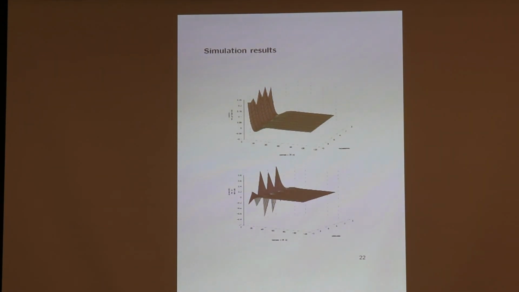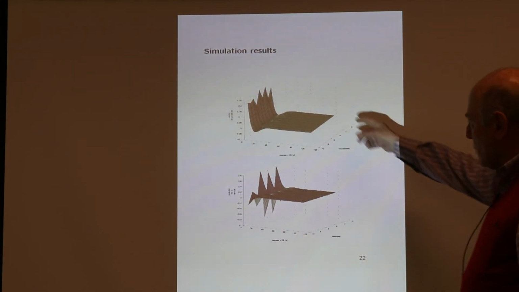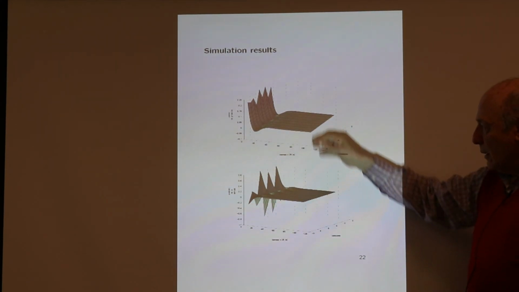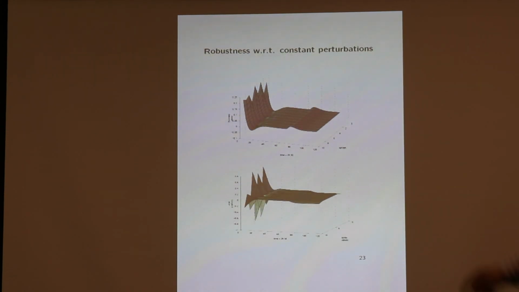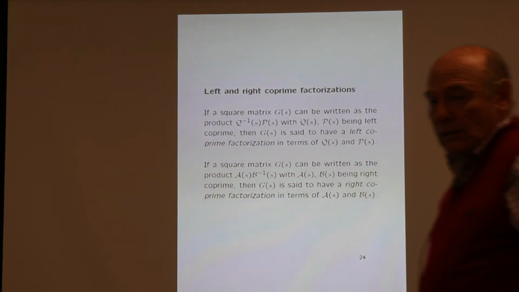So those are the simulation results, and we have robustness. When you don't have any perturbation, then you have a nice smooth stabilization, and when you have disturbances, constant disturbances, you can see the effectiveness of the control. Questions?